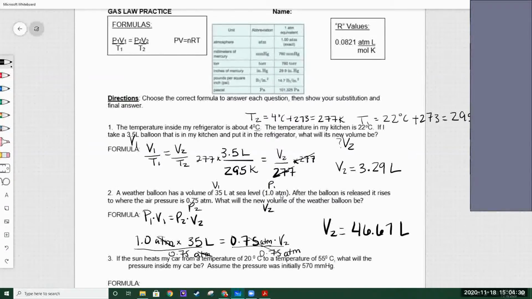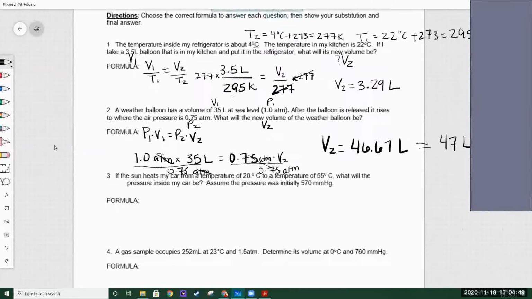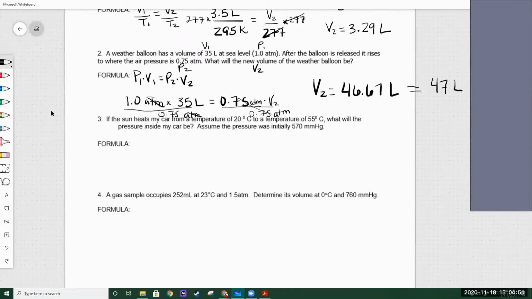And if I wanted to do this with significant figures, I have 2 significant figures in each, so this would be 47 liters. Okay. Any questions so far? Okay, I'm going to continue.